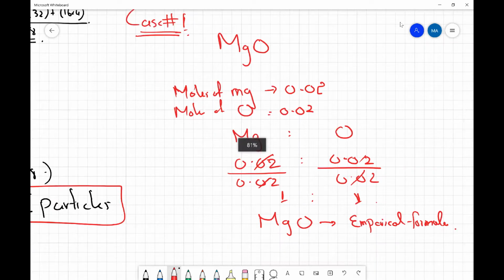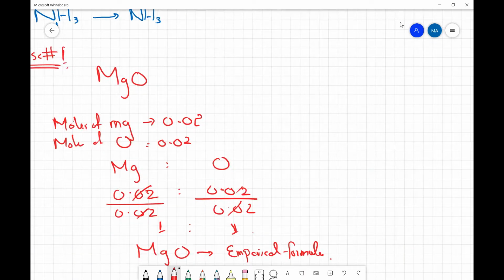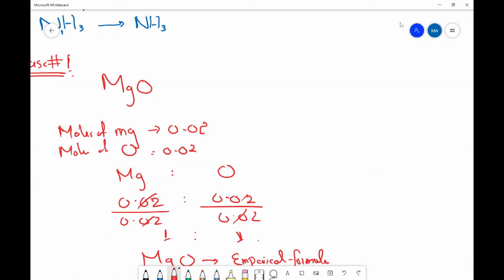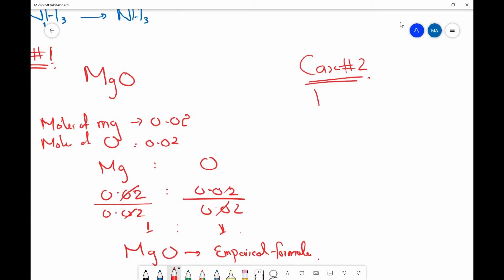Yes. Okay. Now, for example, the ratio is not 1, 1. This is case number 2, when the ratios are not the simplest. Let's say the compound is PO, and you are given the moles. Moles of P are, let's say, 0.05, and moles of oxygen are 0.125.